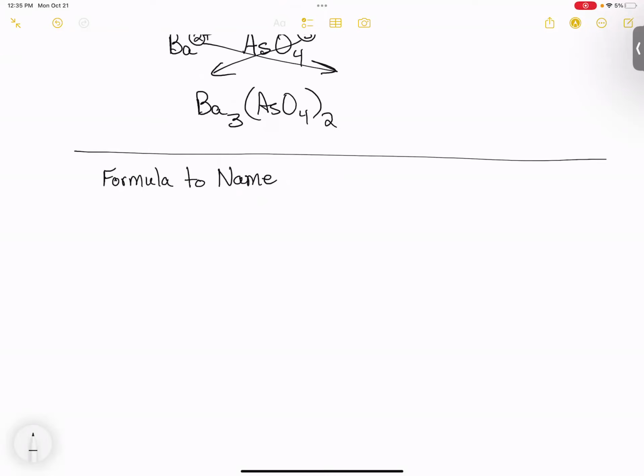When you get into this, the first question you need to ask yourself is, does the metal have a constant charge? Meaning, is it group 1?